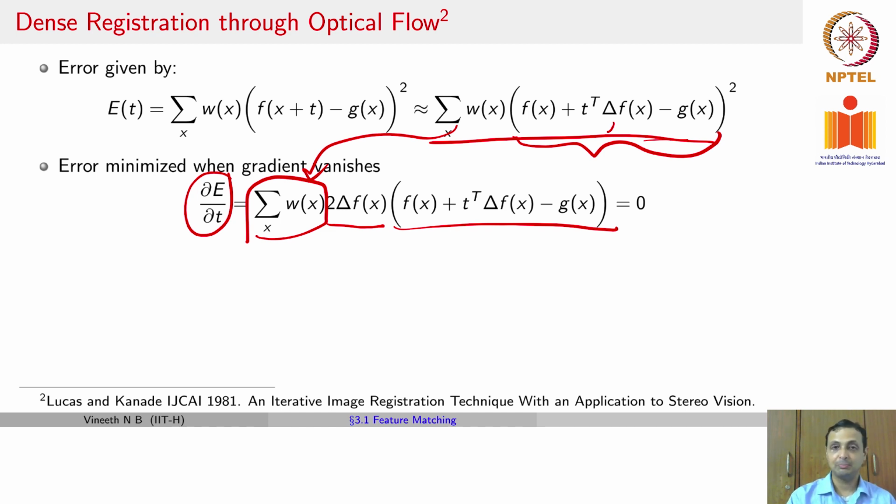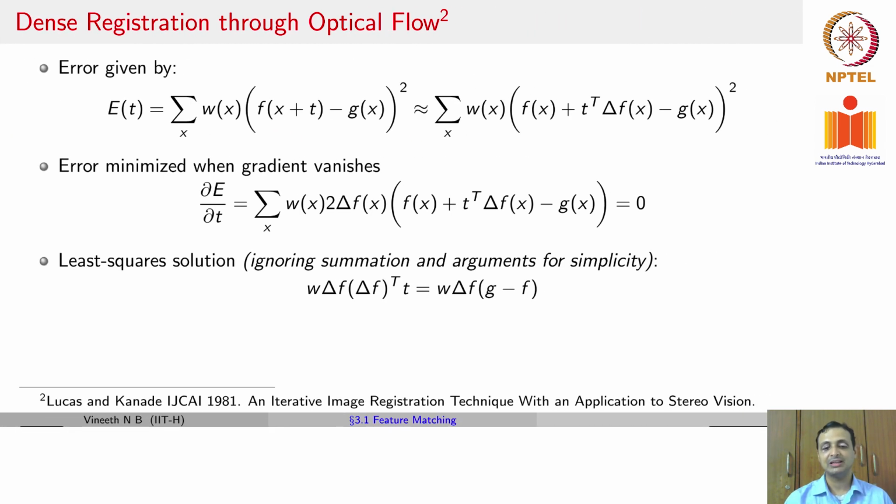Now, simply expanding this equation, you can take terms out on both sides and write this out as, we're just going to ignore the summation and the arguments just for simplicity of explaining this. If we ignore those, you'd have w into delta f into delta f transpose. These terms are branched here.